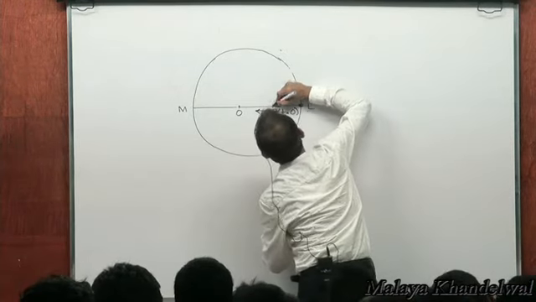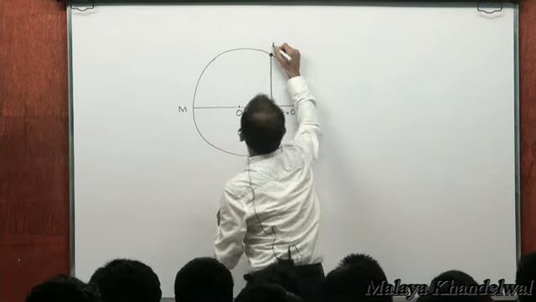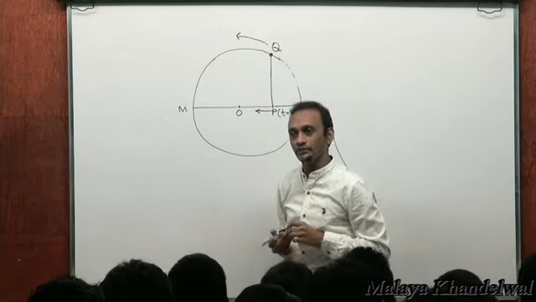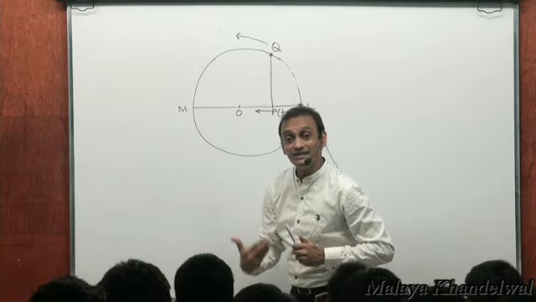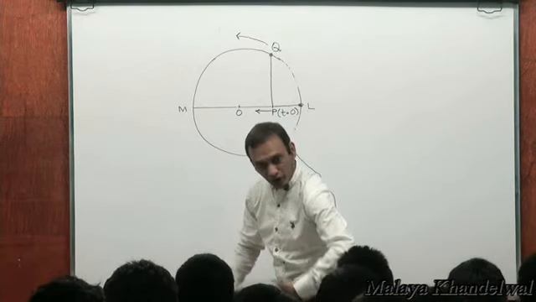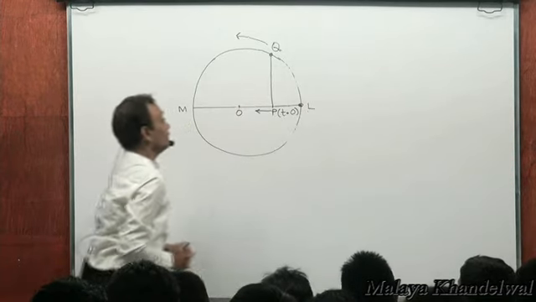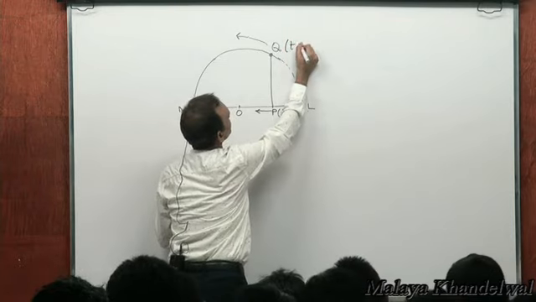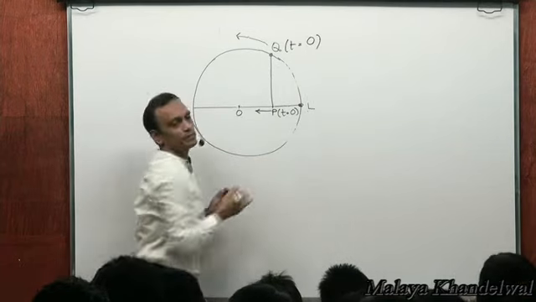In which case, the auxiliary particle could have been looked upon at Q and moving this way with constant angular velocity, same as the angular frequency of the oscillator, right? This is important to understand, right? And this is at t equal to 0, where the auxiliary particle was.